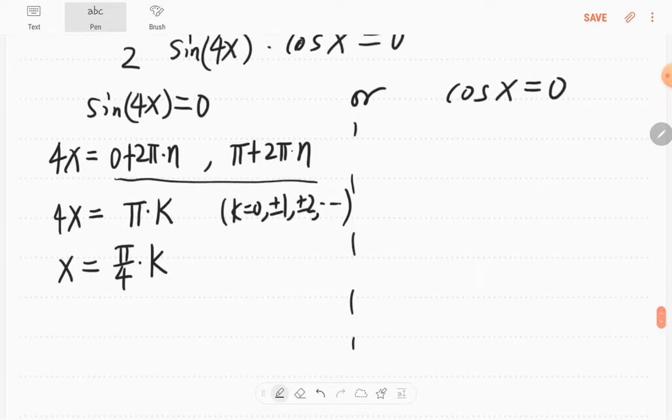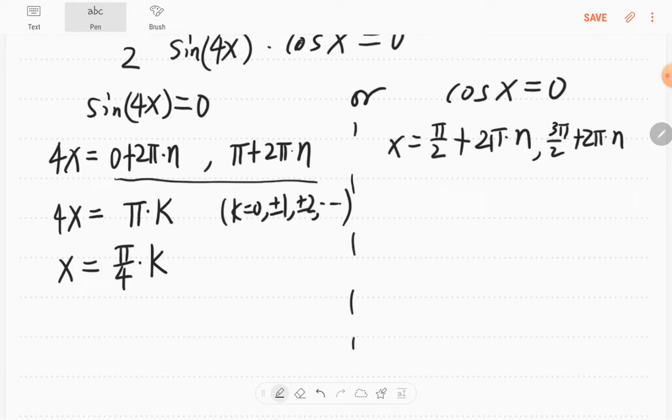Now let's look at cosine x equals 0. So x equals pi over 2 plus 2 pi times n, this we have done several times, or 3 pi over 2 plus 2 pi times n.